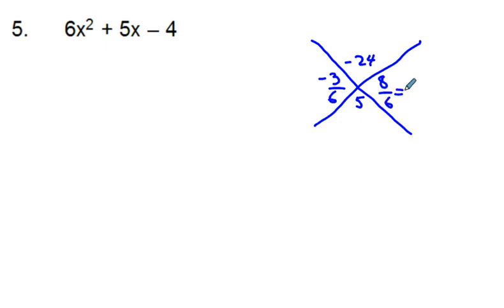Now we divide by 6 and simplify on the right. 8/6 simplifies to 4/3. On the left, negative 3/6 simplifies to negative 1/2. And so now we rewrite this as x minus 1/2 times quantity x plus 4/3.